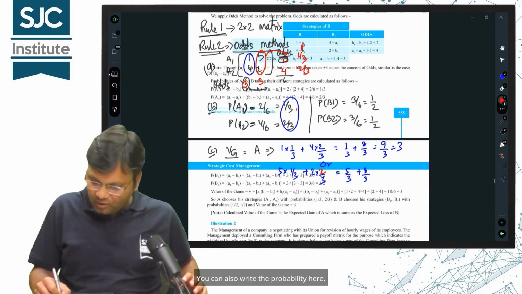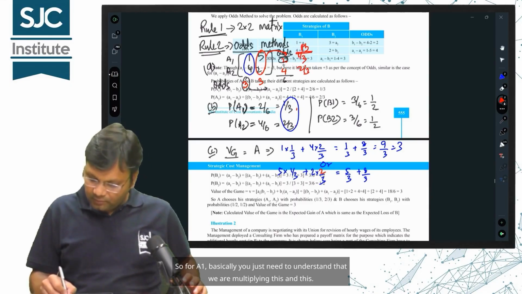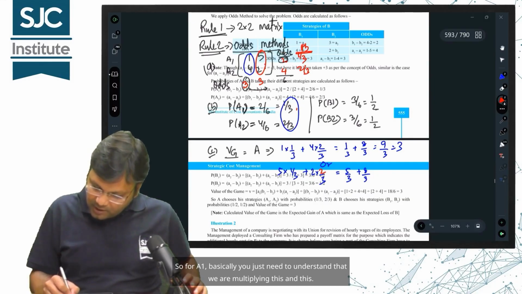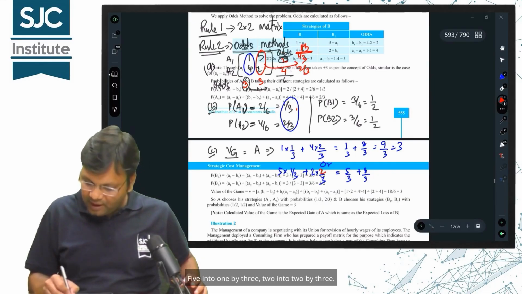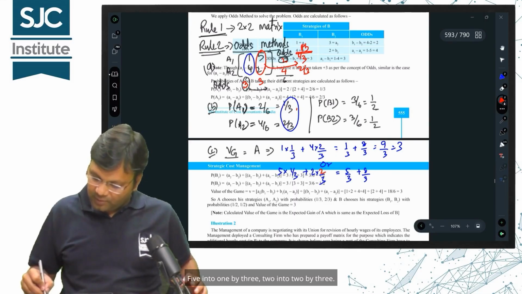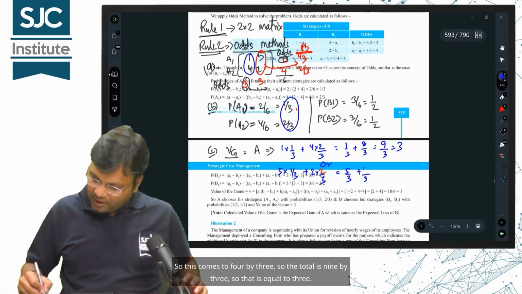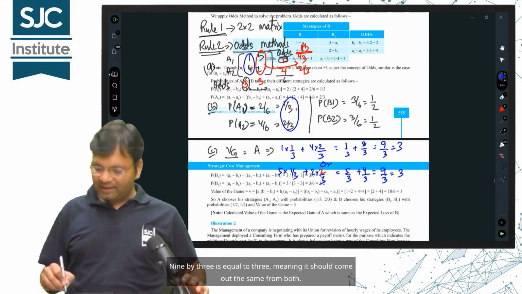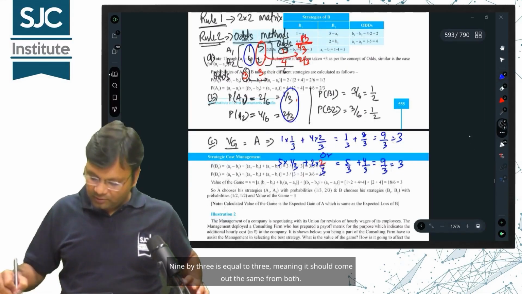You can also write the probability here. So for A1 basically you just need to understand that we are multiplying this and this. 5 into 1 by 3, 2 into 2 by 3. So this comes to 4 by 3, so the total is 9 by 3, so that is equal to 3. 9 by 3 is equal to 3, meaning it should come out the same from both.